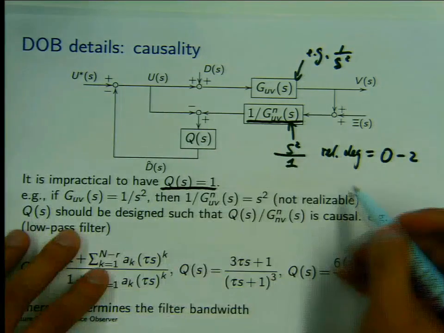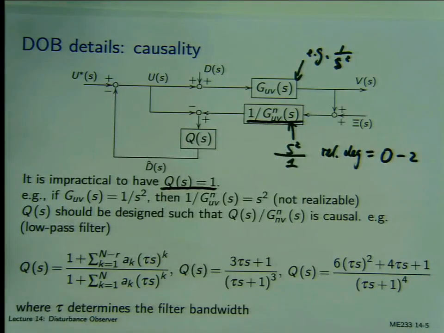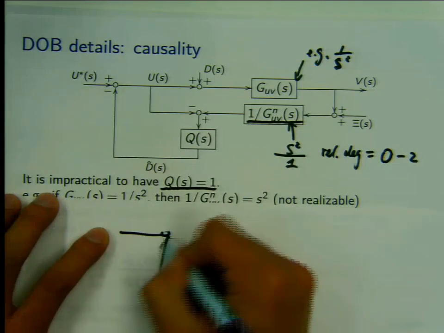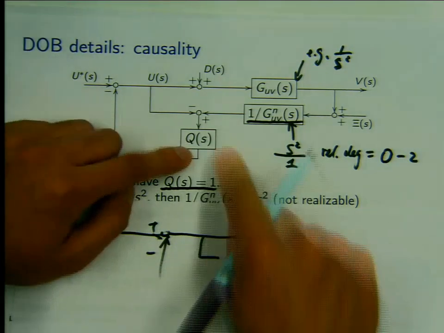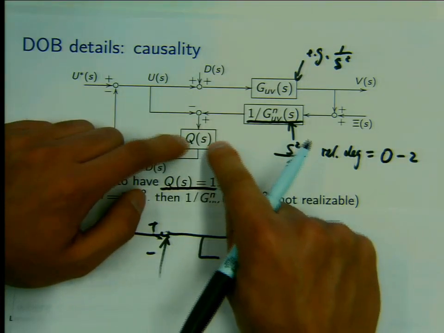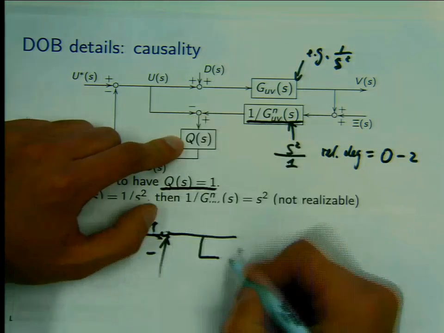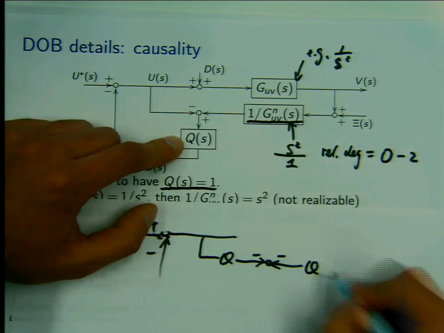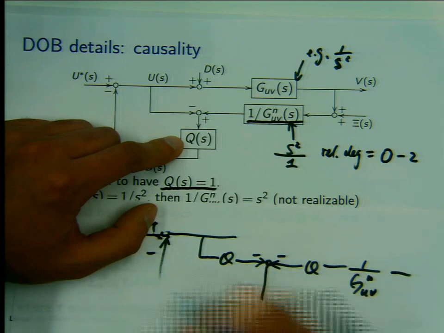So what we need to do is a block diagram transformation. Shift, separate the Q into these two channels to have Q, negative Q, 1 divided by G_un, then here an identity block.